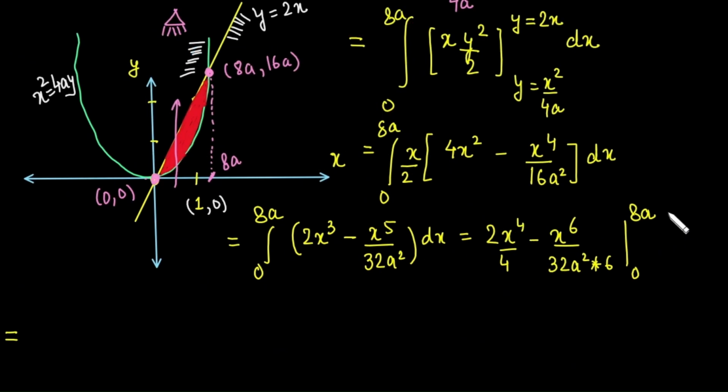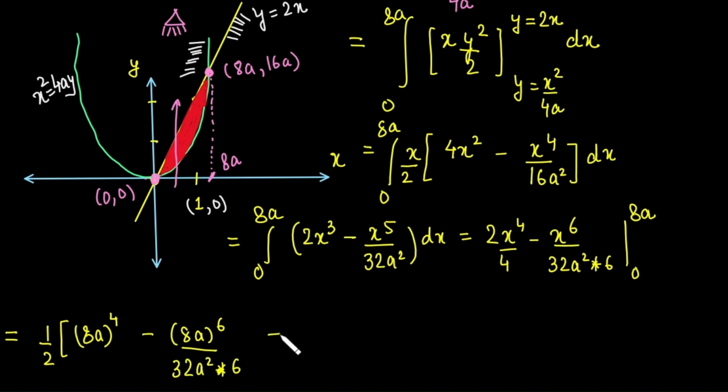This is equal to 2 by 4, which is 1 by 2, times 8a raised to power 4, minus 8a raised to power 6 by 32 times a square into 6. That is the value at the upper limit.